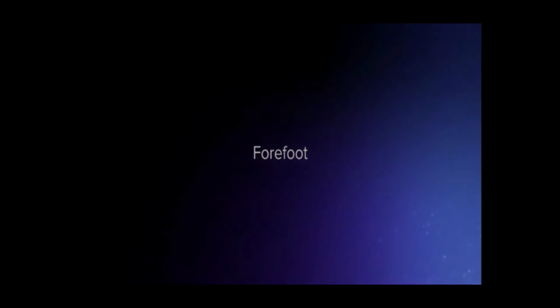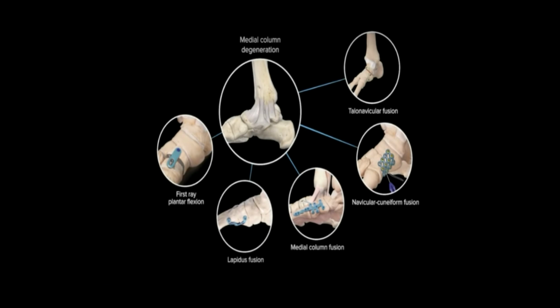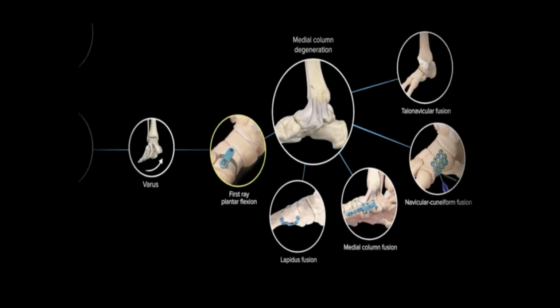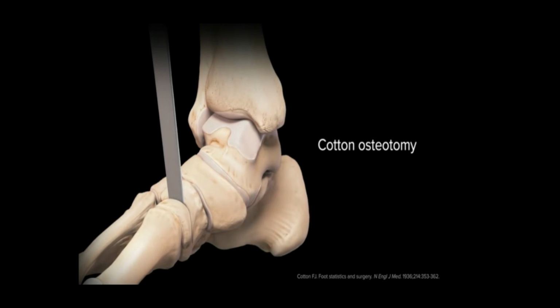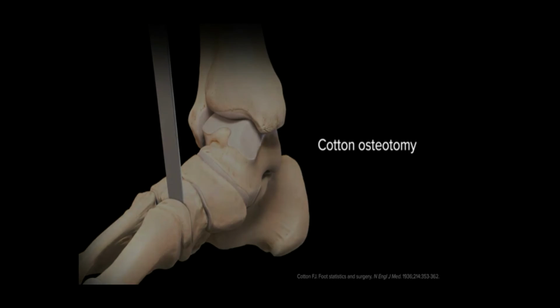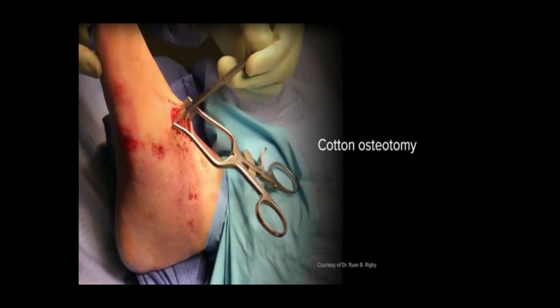Finally, the forefoot, which technically can be grouped in the medial bony corrections, but as it relates more to the correction of the forefoot, we have grouped it here. In 1936, Cotton described an opening wedge, medial cuneiform osteotomy, to plantar flex the first ray.